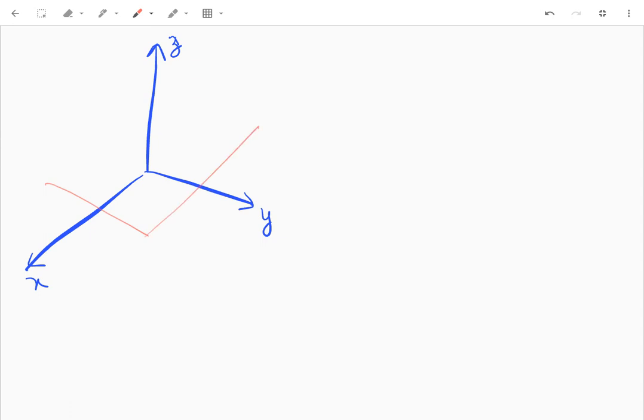So say this is our plane, right? Yeah, looks like a plane. And now what we have been given is a vector.